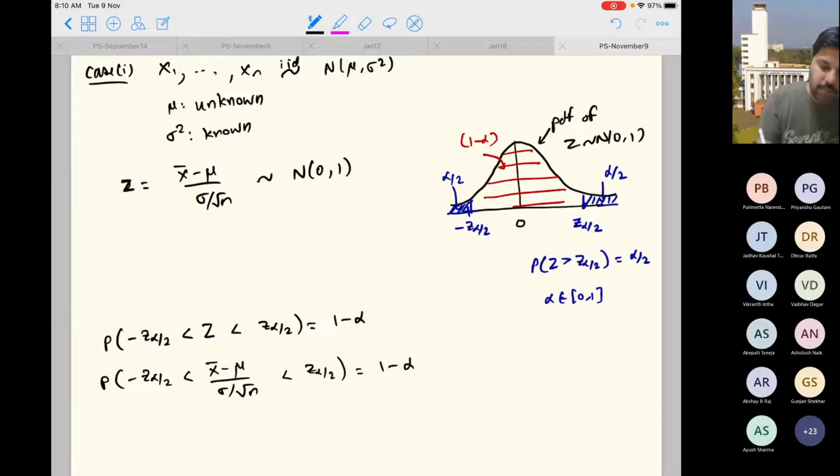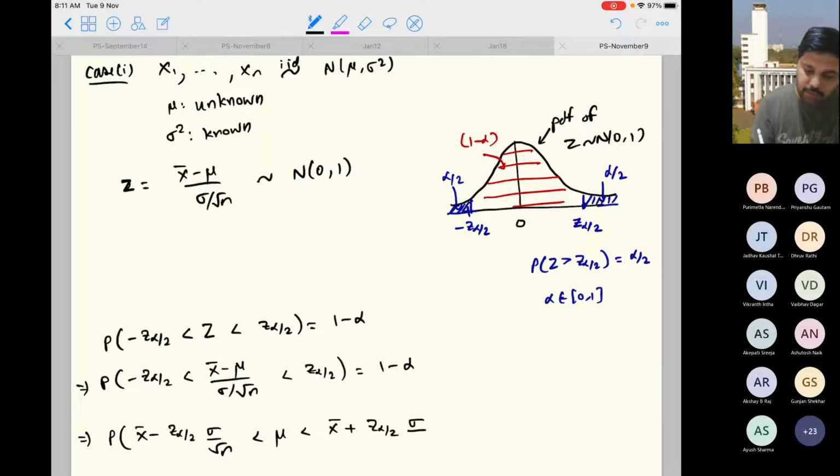If I simplify this, what do I get? x bar minus z alpha by 2 sigma by root n is less than mu, which is less than x bar plus z alpha by 2 sigma by root n, equal to 1 minus alpha. Is that okay?